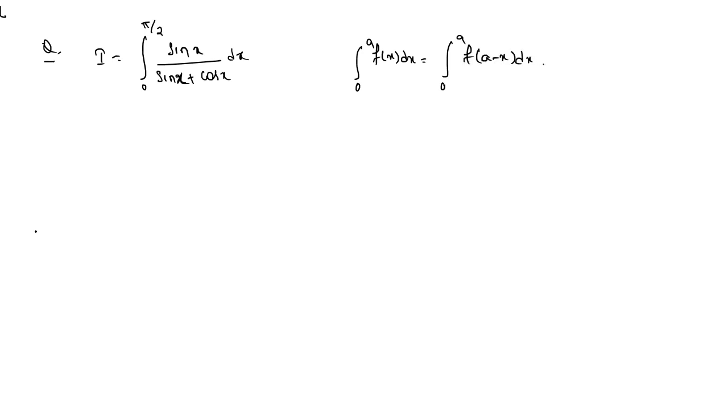the question is I equals to 0 to pi by 2, then sin x divide sin x plus cos x dx. ओके, सो यहाँ पे कौन सा property apply करना होगा, 0 to a f of x dx को हमें क्या लिखना है, वही 0 to a f of a minus x dx. ओके, ये जो property है इसको apply करना है. यहाँ पे क्या लिखना होगा हमको, 0 to pi by 2. ओके, then sin a minus x, so here a is pi by 2, so pi by 2 minus x.